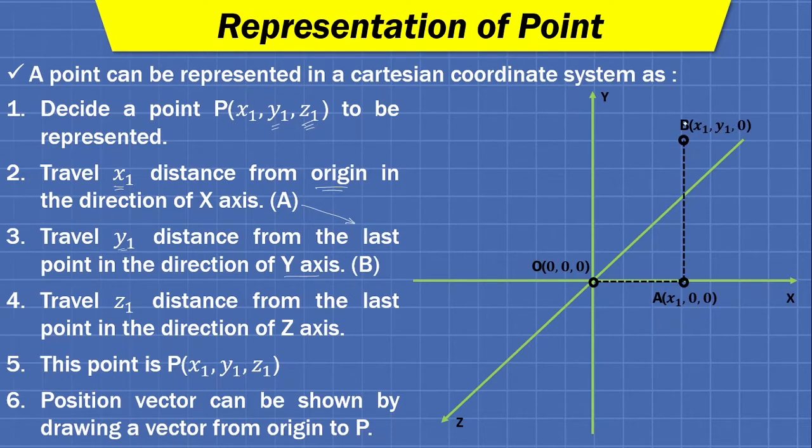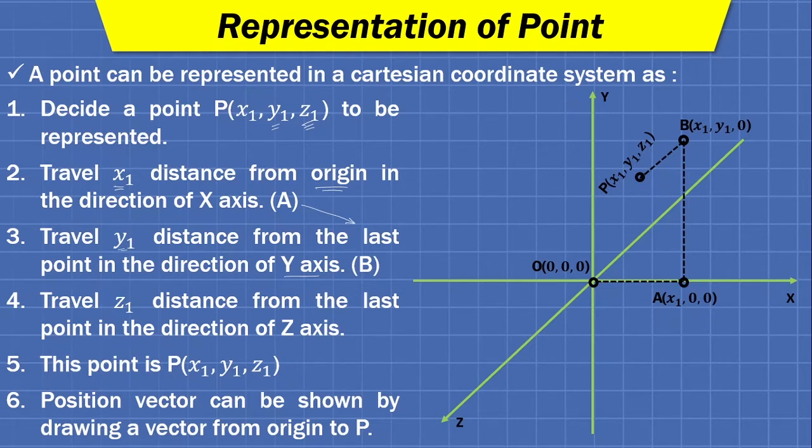Here we will reach point B, which has the coordinate x1, y1, 0. This point B is on the xy plane, and from B we will travel z1 distance along the direction of z, and this point is nothing but P, x1, y1, z1. So it is a very easy representation, fine.